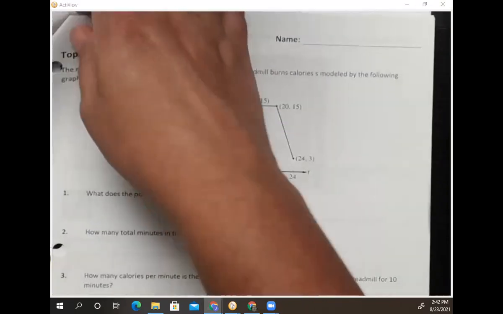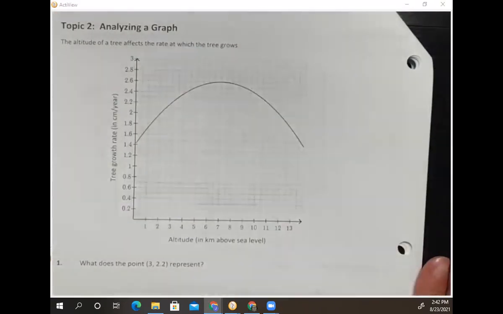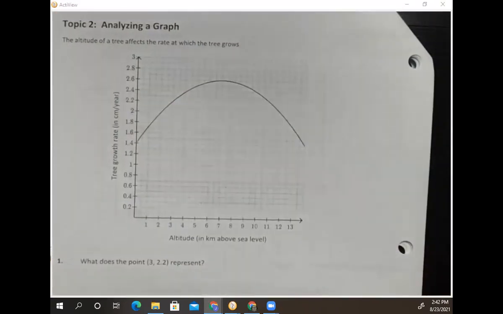So if you would for me, please turn to page 12, turn the page to the next page in your packet. So we'll be on page 12, and we're going to take a look at another graph example. So as I move to page 12, I'm starting this time with a graph.